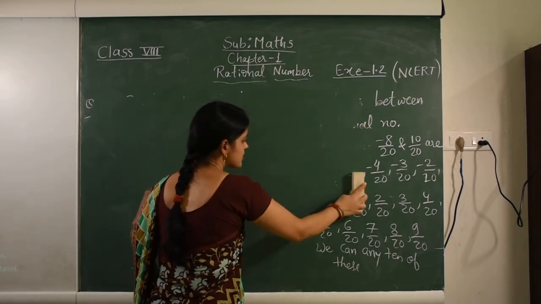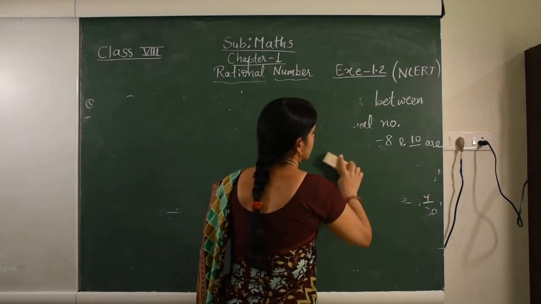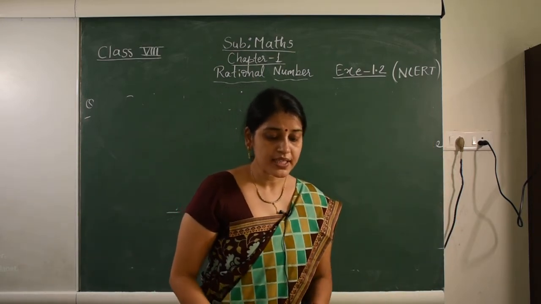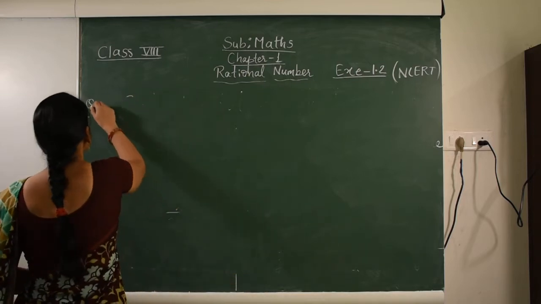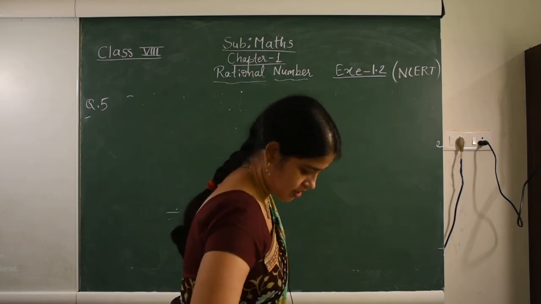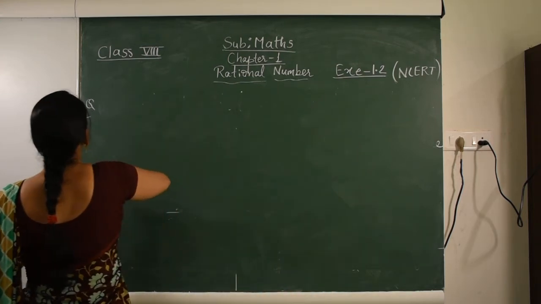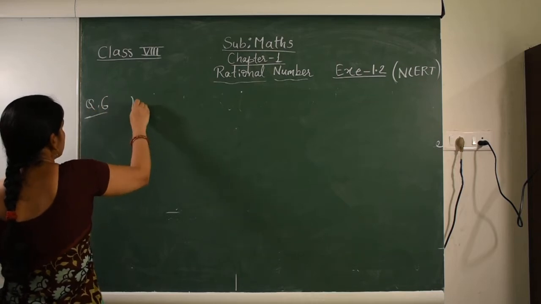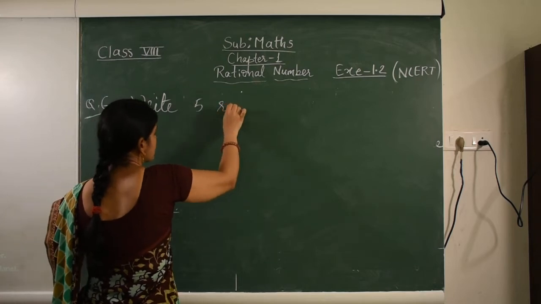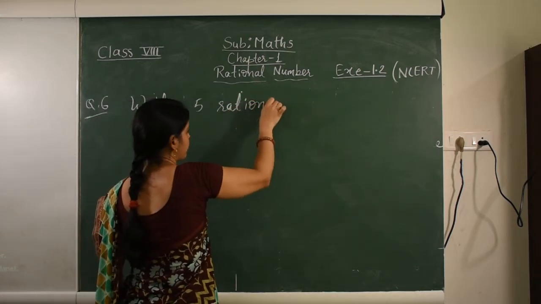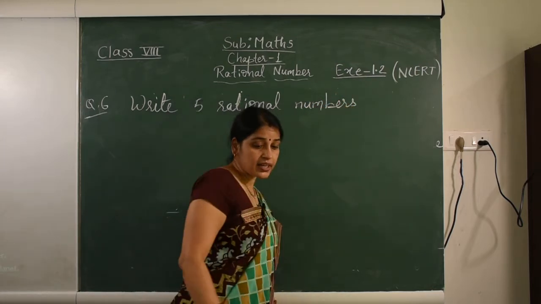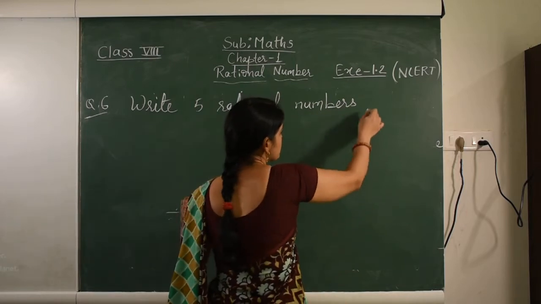Question number 6 is: write 5 rational numbers greater than minus 2. Now you have to find five rational numbers which are greater than minus 2.